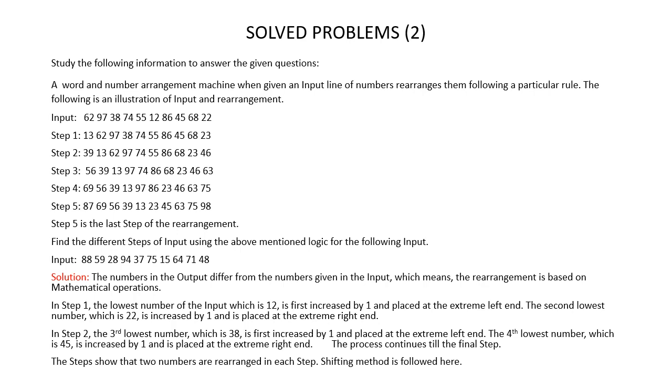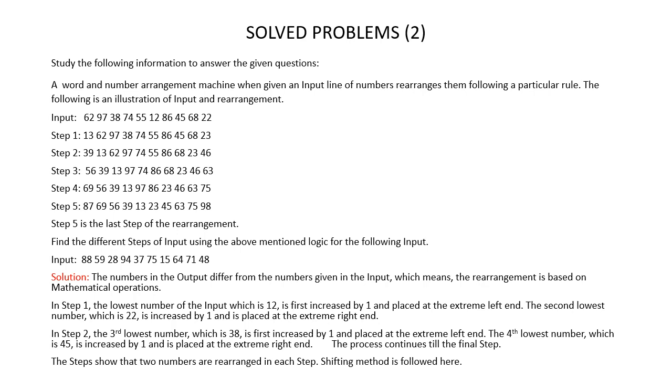And other than 38 and 45 of step 1, the rest of the numbers of step 1 are written as they are in the same order between 13 and 23.